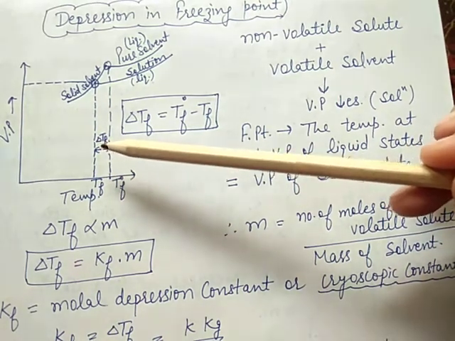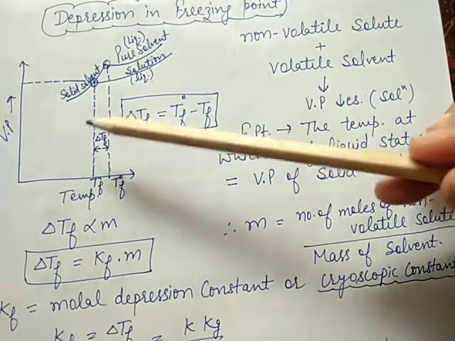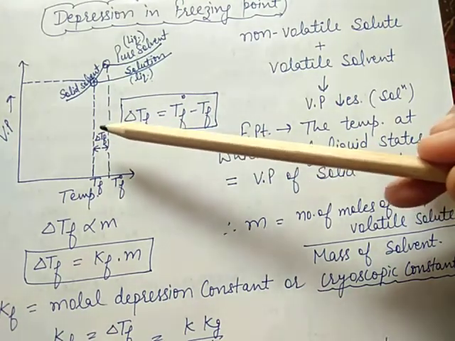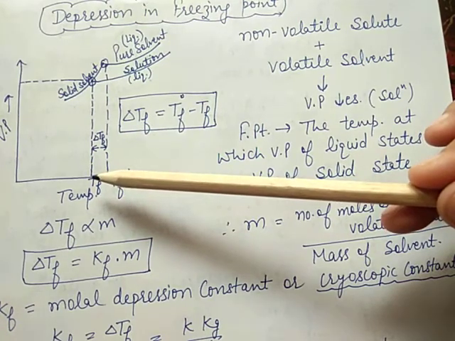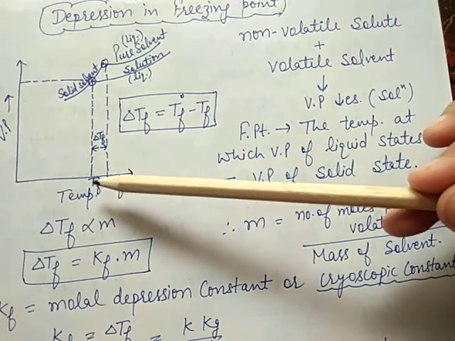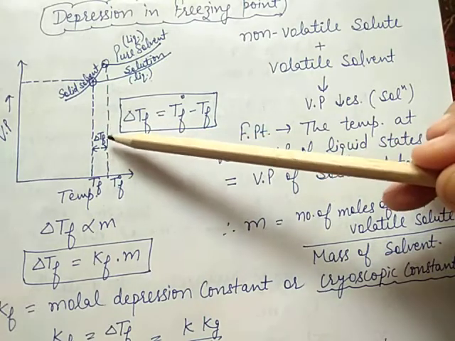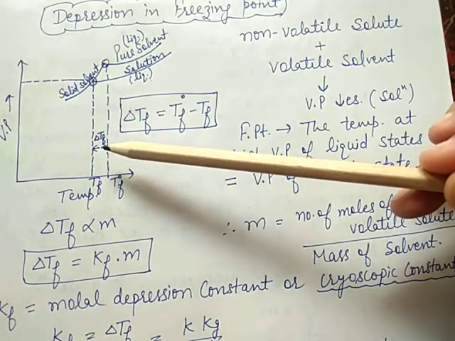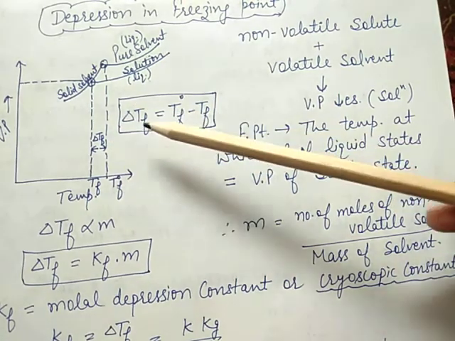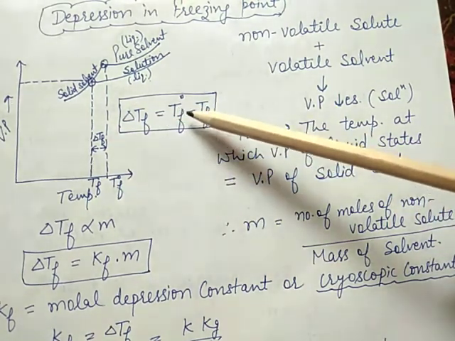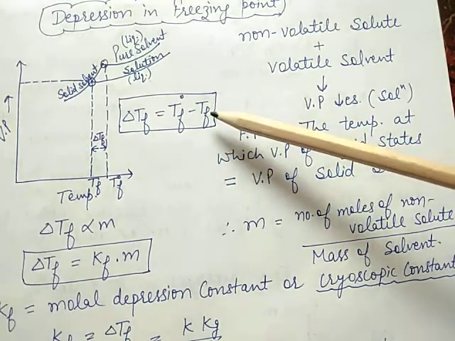The difference in the freezing point of the pure solvent and the solution is called delta Tf, meaning depression in freezing point. Delta Tf is equal to Tf naught minus Tf.